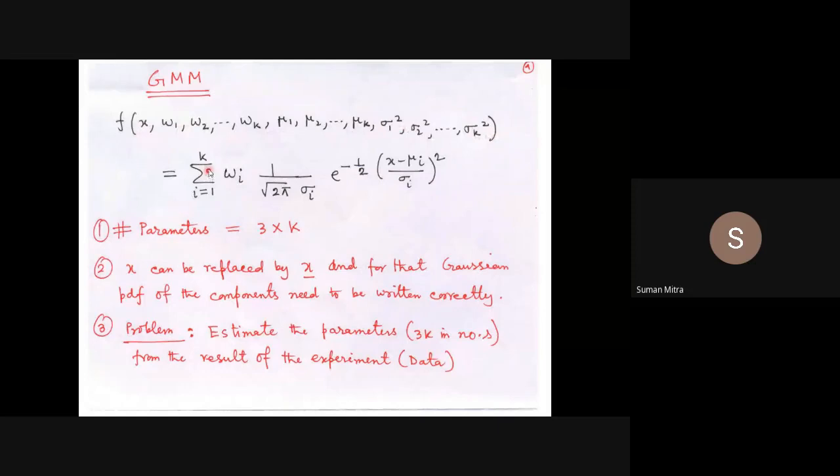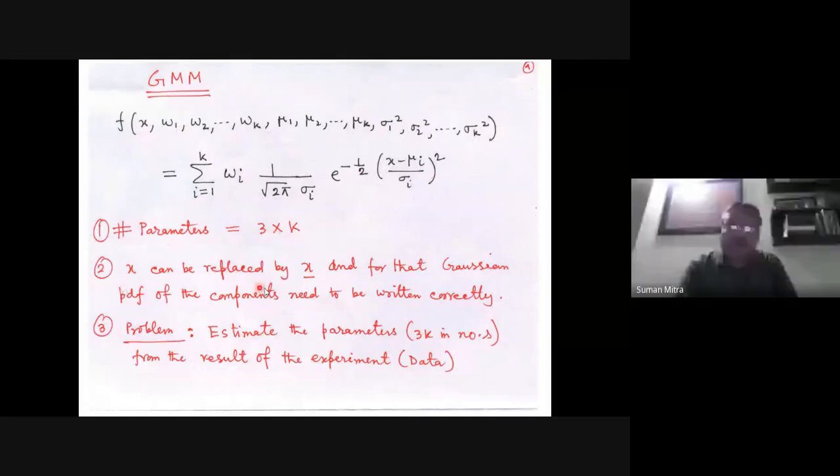The PDF is given by summation i equal to 1 to k of wi times 1 by root over twice pi sigma i, e to the power minus half (x minus mu i by sigma i) whole square. The number of parameters is 3 into k. X can be replaced by x vector, and the Gaussian PDF of the components needs to be rewritten correctly. The problem is to estimate the 3k parameters from the result of the experiment.